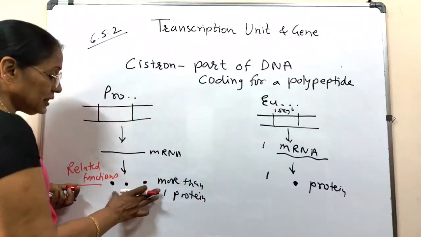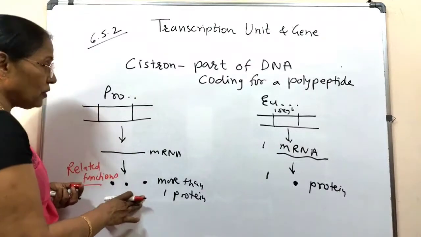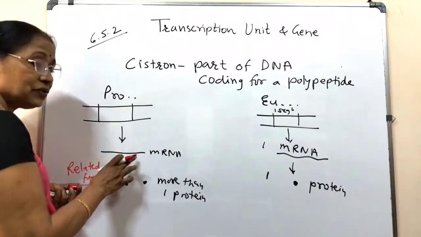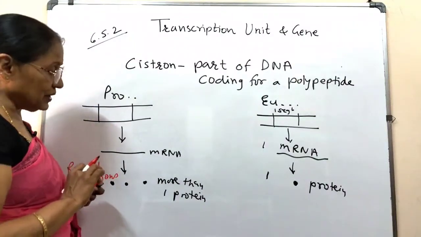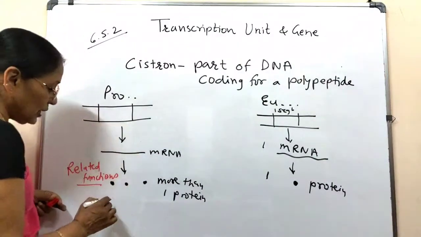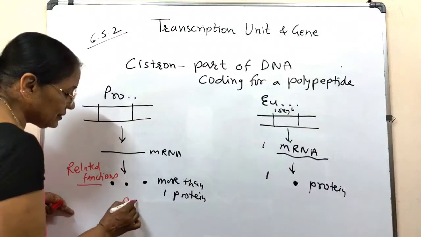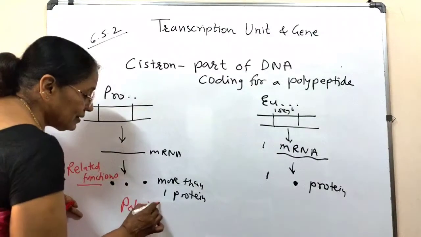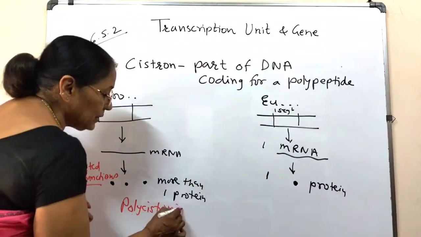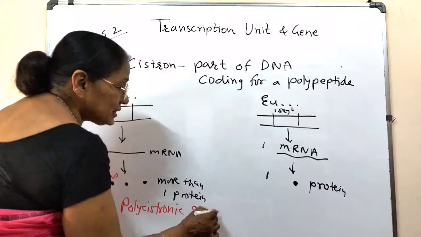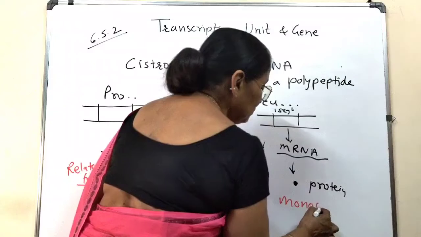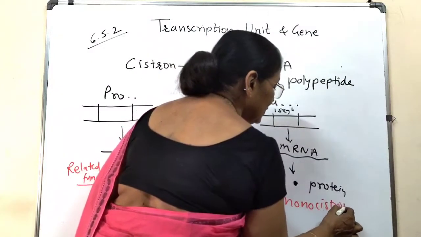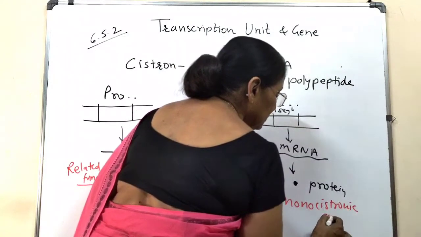All these proteins formed in prokaryotes from one single mRNA have related functions. This is called polycistronic gene, and this one is called monocistronic gene.